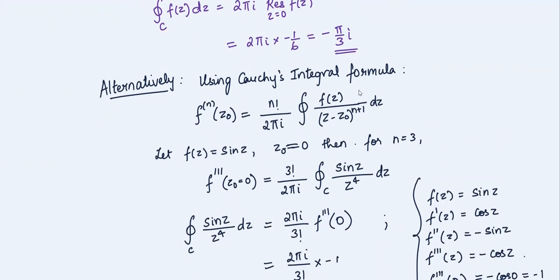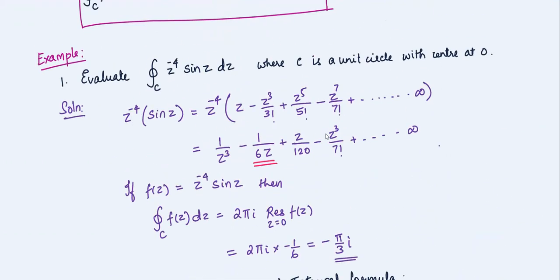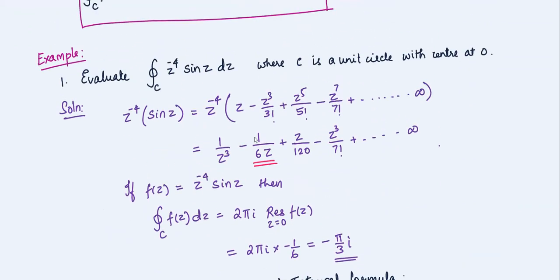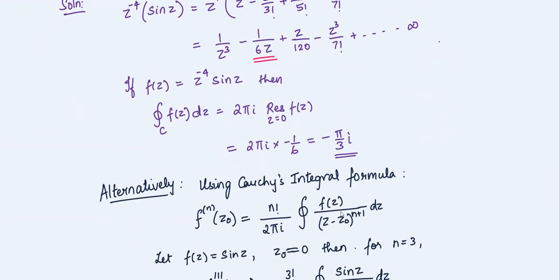Same answer by using either Cauchy's integral formula or the residue theorem. The advantage with the residue theorem, we can see, is that it is so simple. 2 pi I times the residue, which is the coefficient of the 1 by z term. Expanding this is very simple. If we find the coefficient, 2 pi I times residue, immediately we can solve.